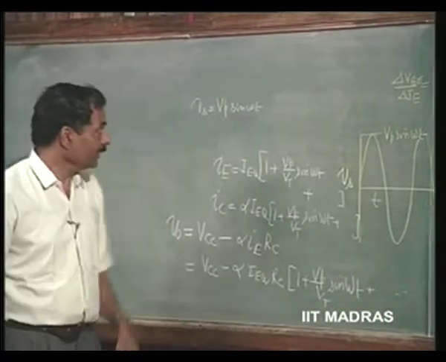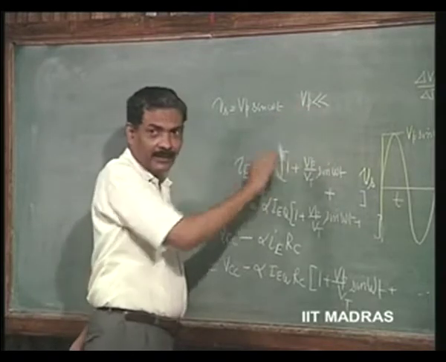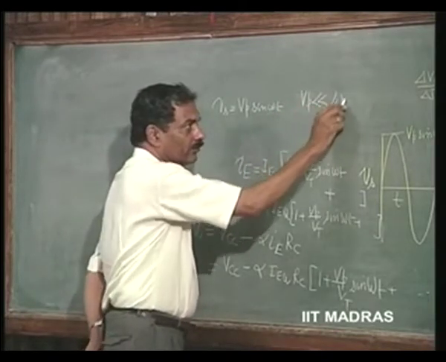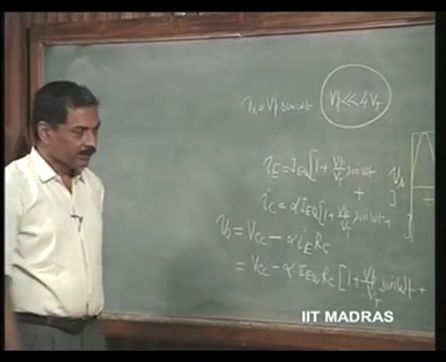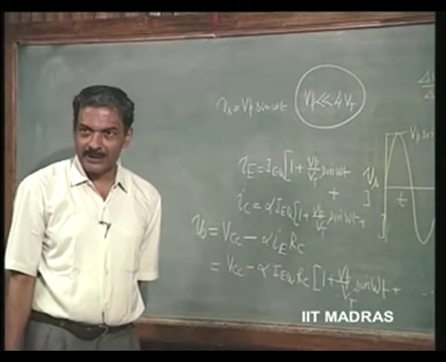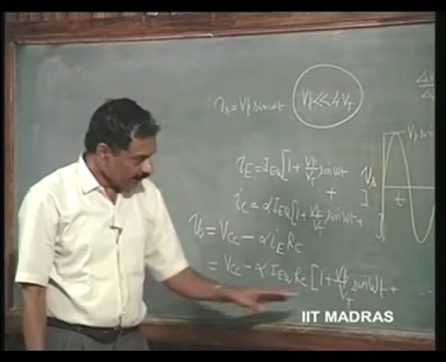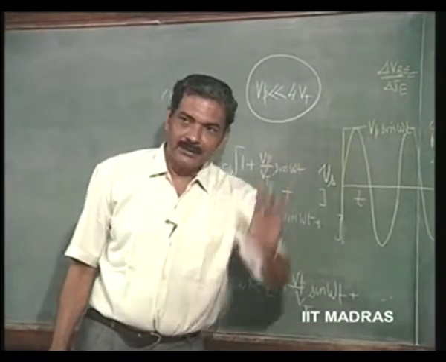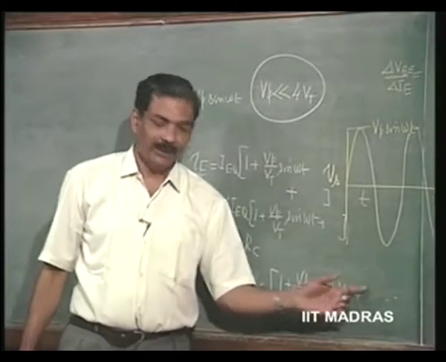So, that we have made sure by making Vp much less than 4 Vt, an important design criterion, so that all these factors do not disturb our operating point, as well as do not cause any distortion, in which case we can neglect the effect of all these things and say that output is essentially this plus this. What is this?